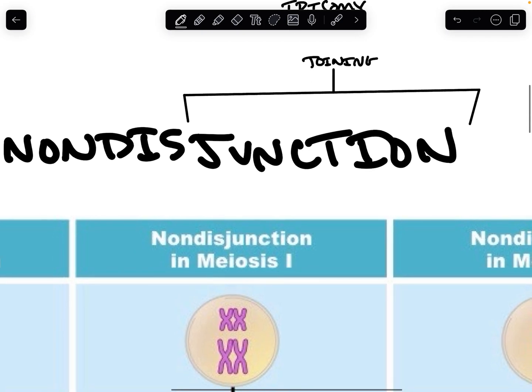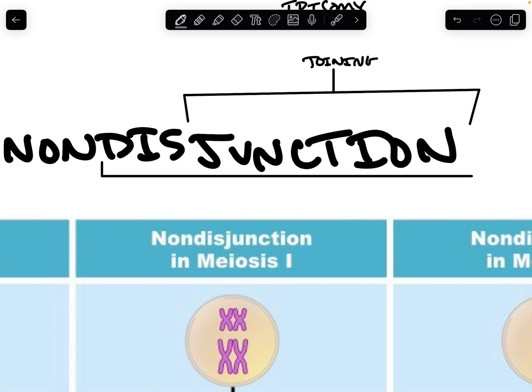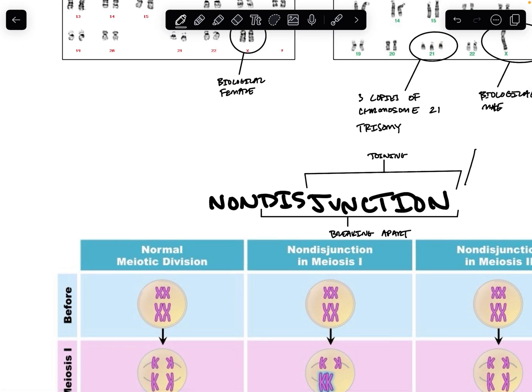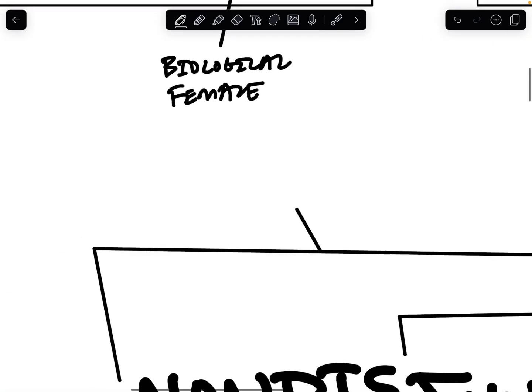A disjunction would be breaking apart. And a non-disjunction, this entire thing, is a failure to break apart.